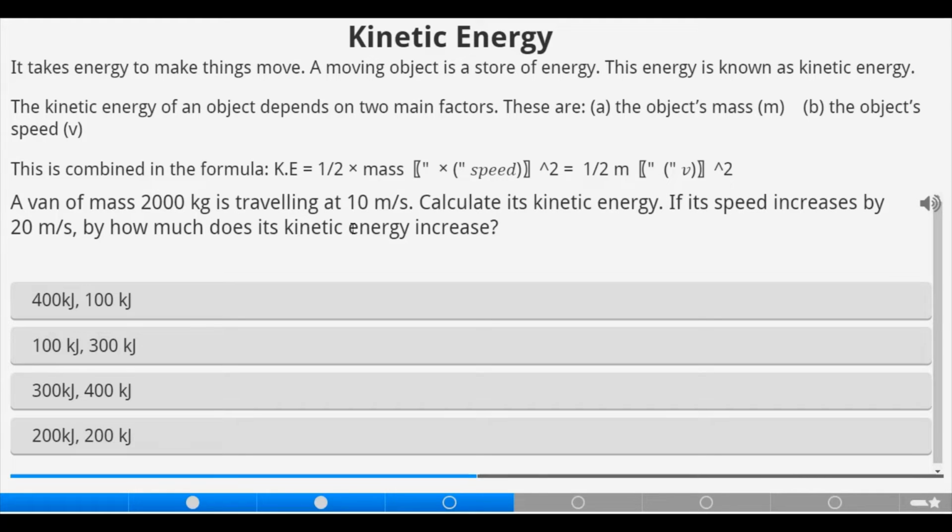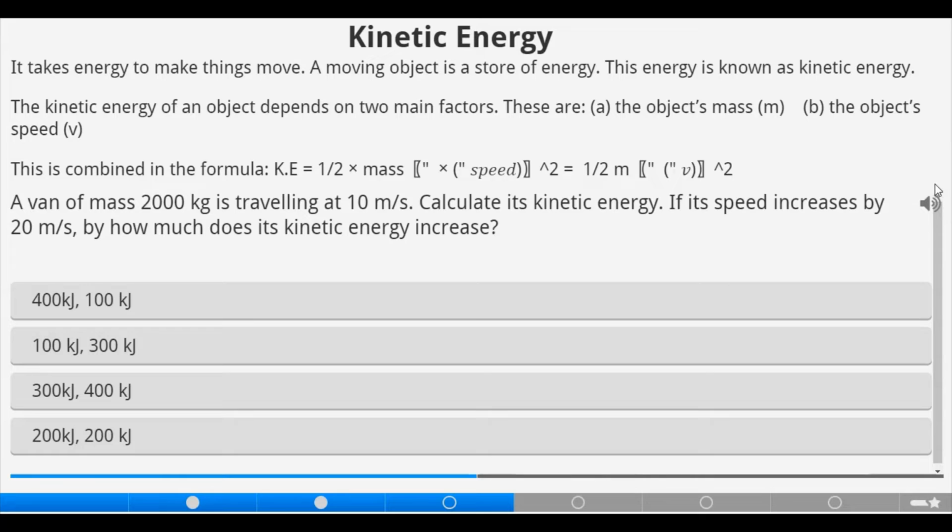This is combined in the formula KE, representing kinetic energy, is equal to half times mass times the square of the speed, that is, half mv squared. So we have to deal with this activity and get the result.